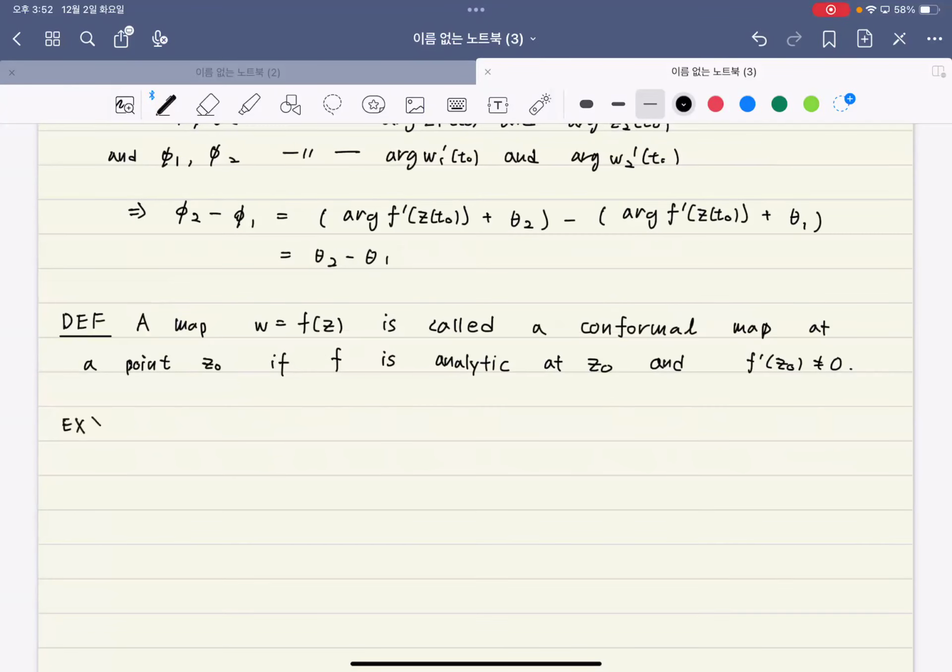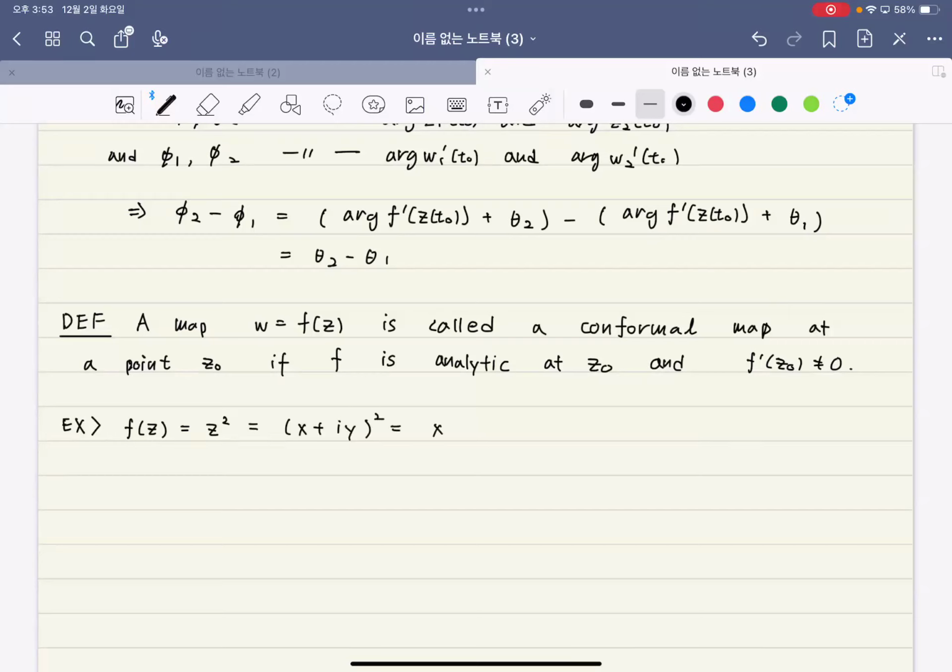Before I move on, I'm going to show you a little example of this conformal angle preserving property. Let me consider the function f of z equals z squared. This function is conformal everywhere but the origin, right? In terms of x and y coordinates, this is x plus i times y, squared.